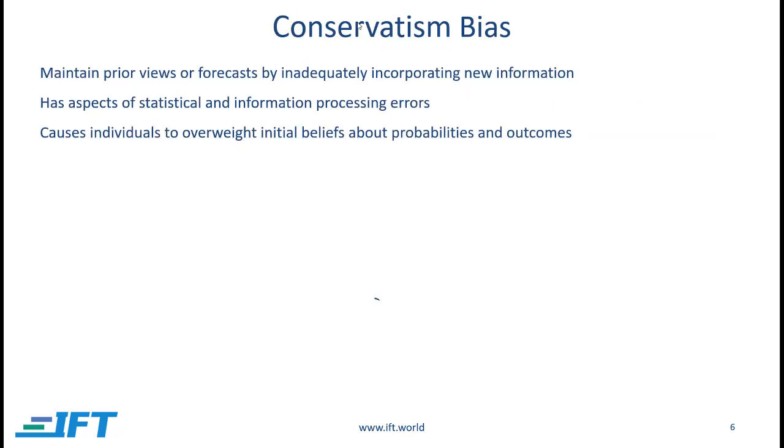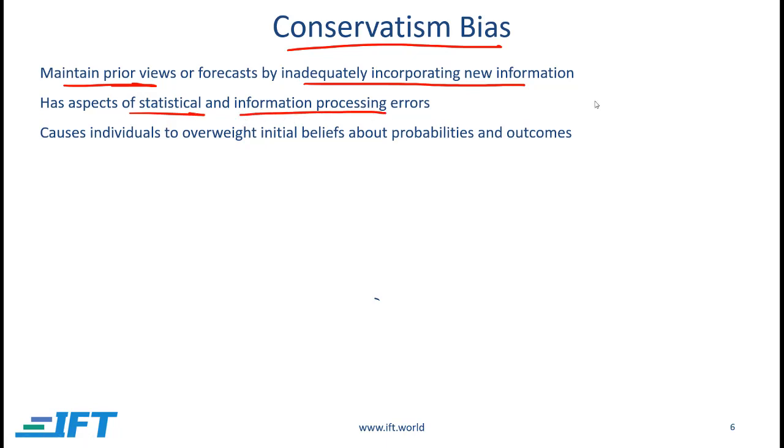So let's talk about conservatism bias now. With this bias, we tend to maintain prior views or forecasts by inadequately incorporating new information. So basically, we stick to our traditional views, or we stick to the views that we already have. This bias has aspects of statistical and information processing errors.